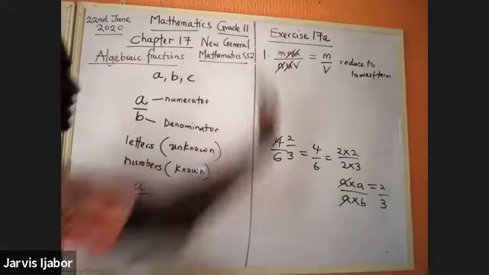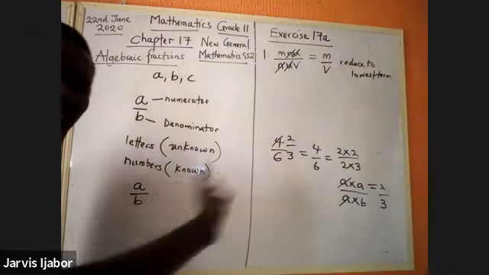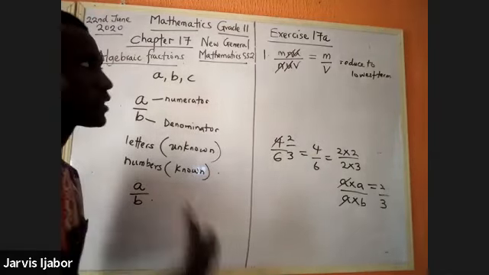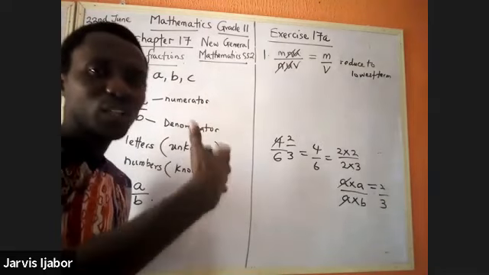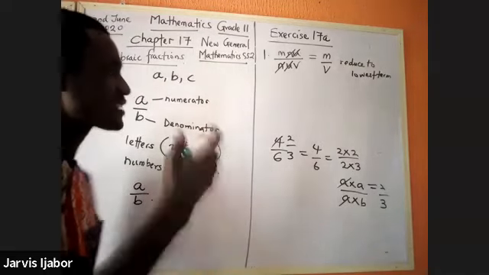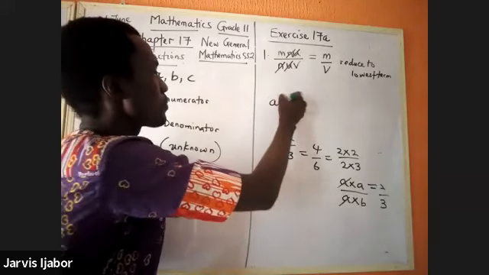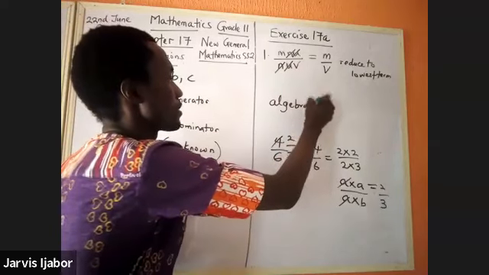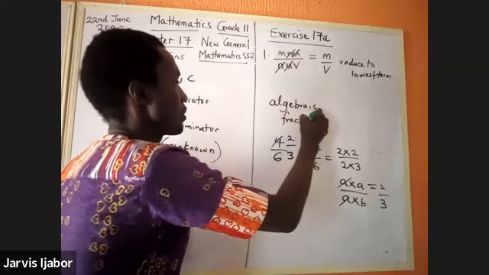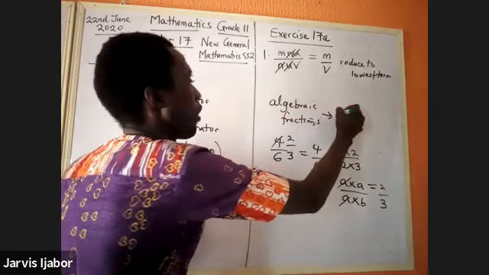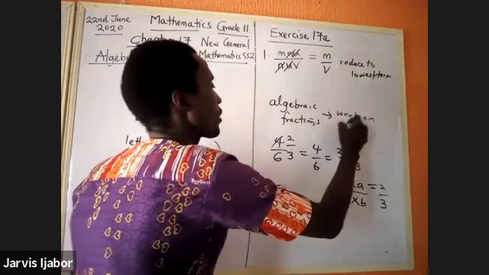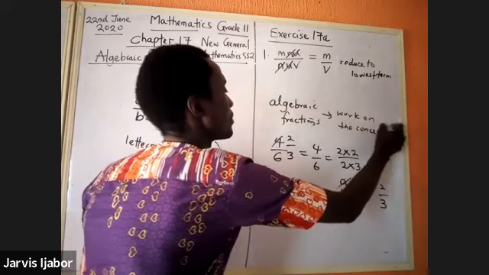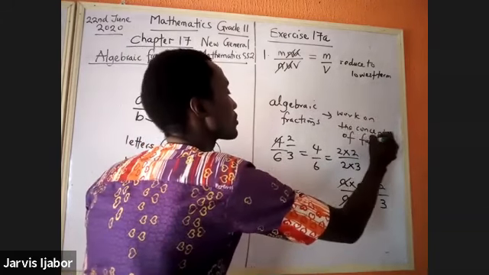So you see that in starting this exercise, we are concerned with reducing to the lowest term. We can see at this point that algebraic fractions work on the concept of factors.